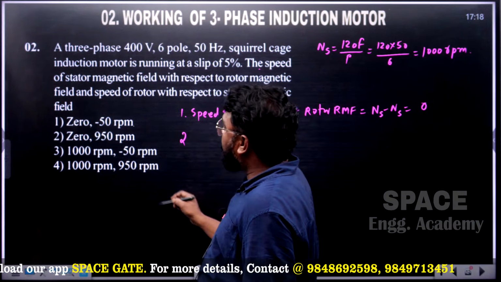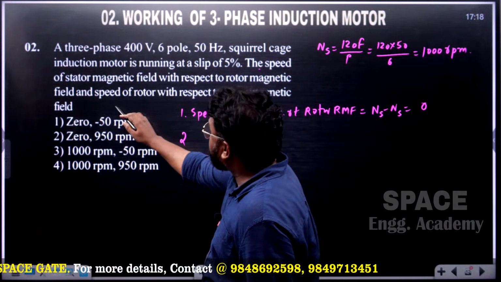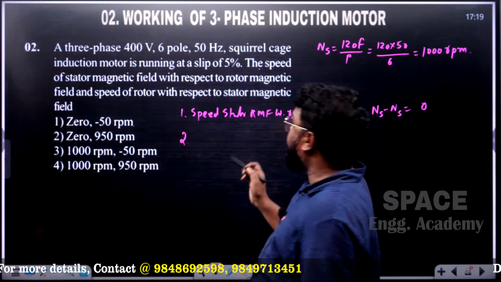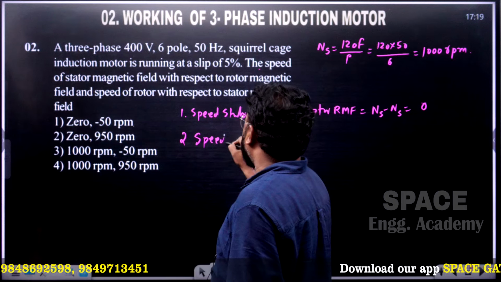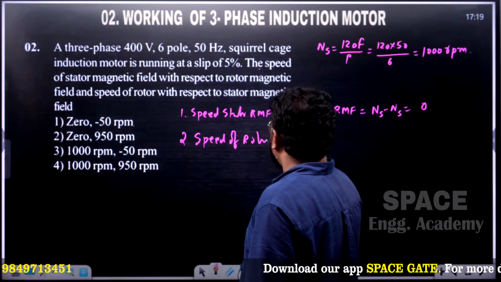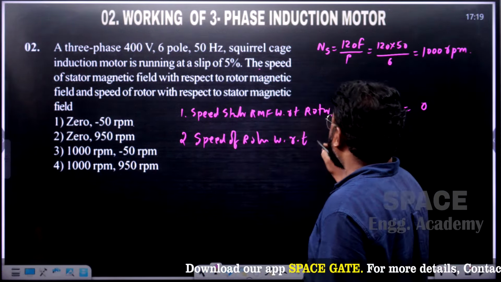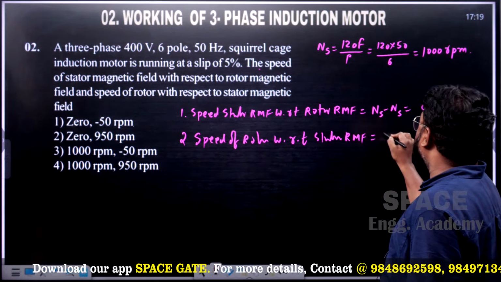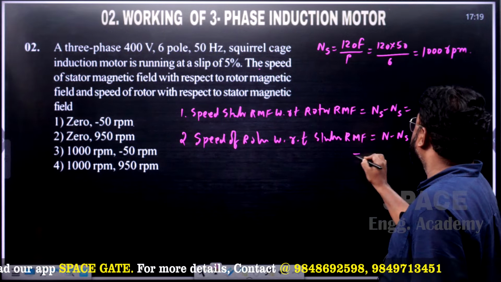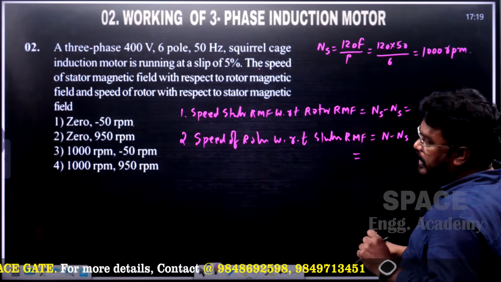And next, the second one: speed of the rotor with respect to the stator rotating magnetic field. It is equal to N minus Ns. The relative speed N we have to calculate.